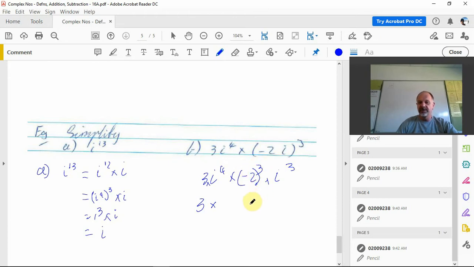Better put it in brackets so that I'll remember that it's -2 times -2 times -2, not the negative of 2 times 2 times 2. So that's -8, and that's i to the 4 times i cubed.